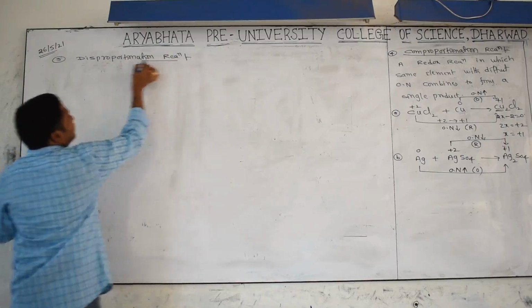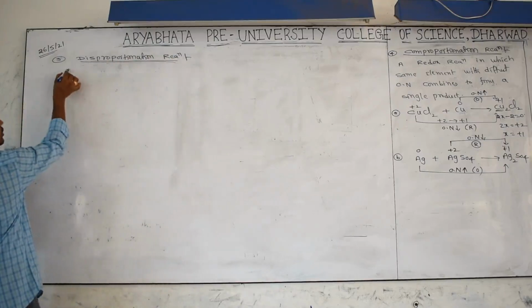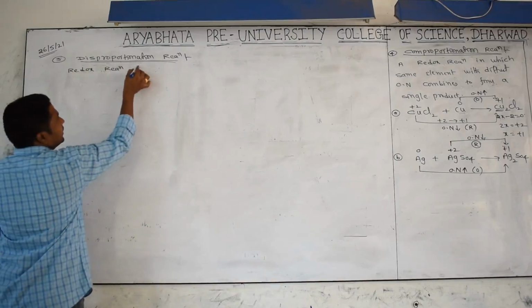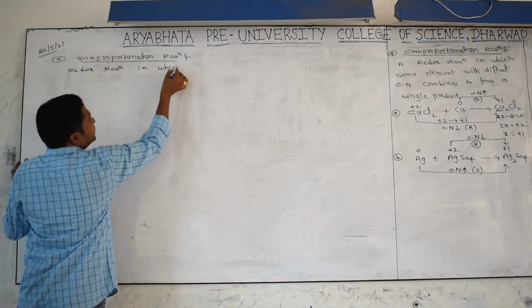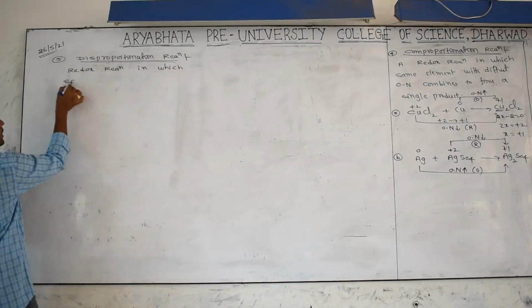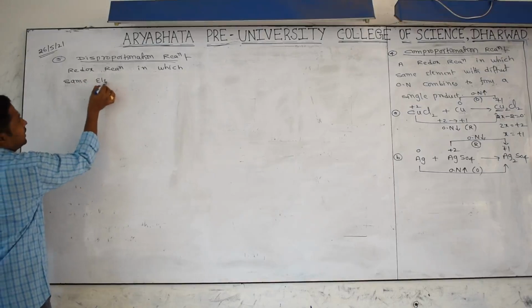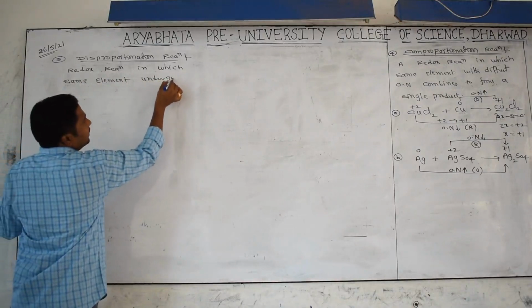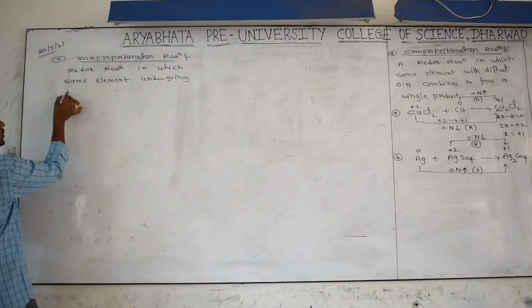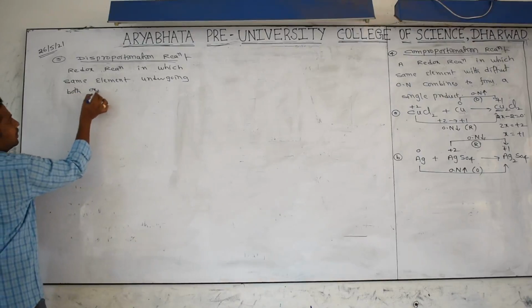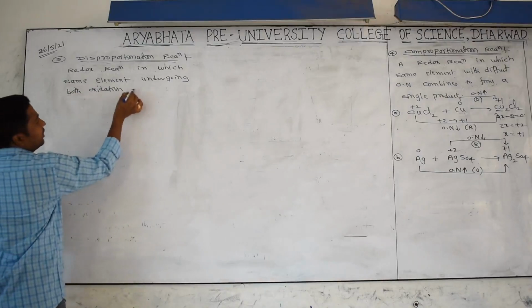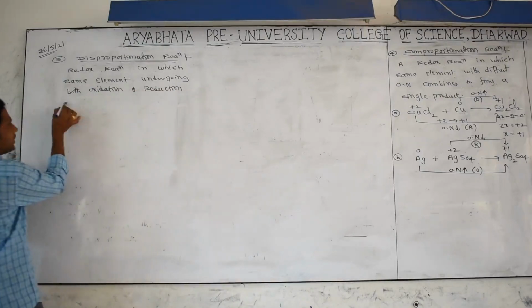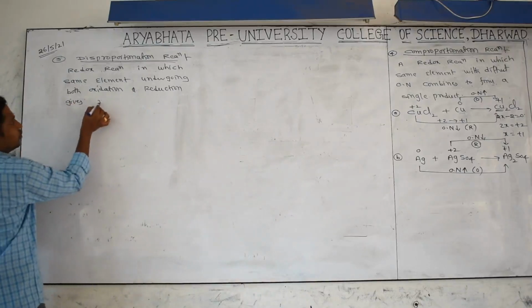Disproportionation reaction means, listen carefully, a redox reaction in which the same element undergoes both oxidation and reduction and gives more than one product.